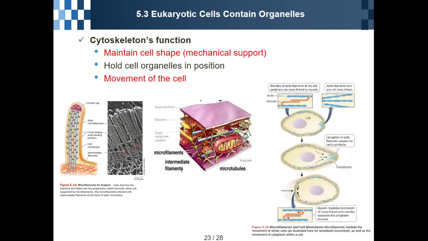The cytoskeleton has 3 functions. The cell is composed of lots of cytoskeleton, for example here composed of actin and myosin, and also intermediate filaments.